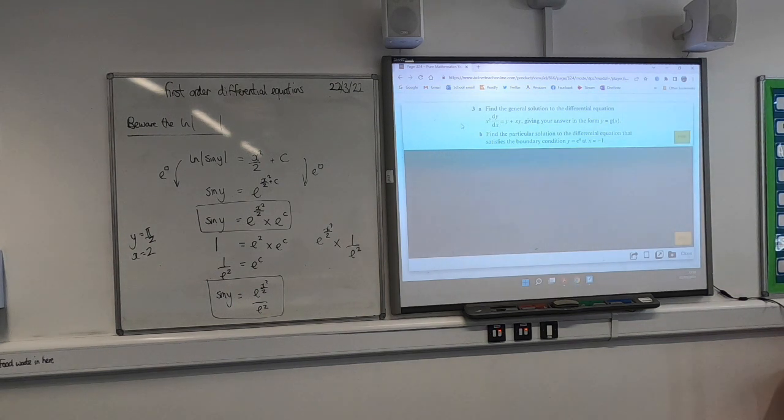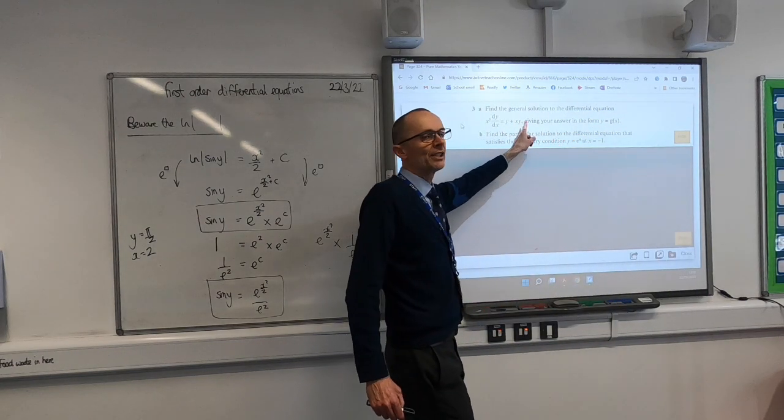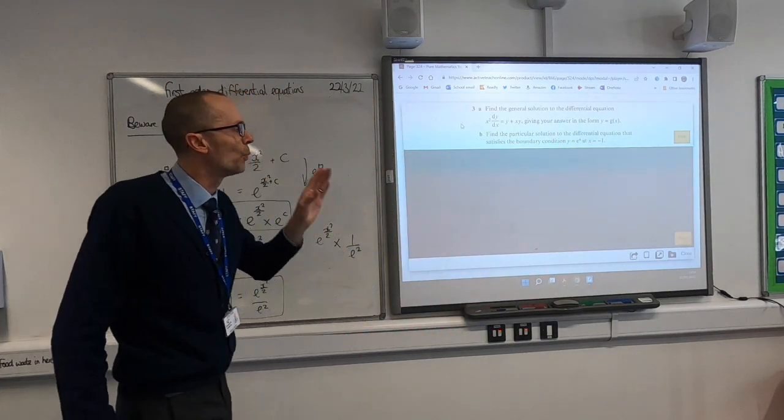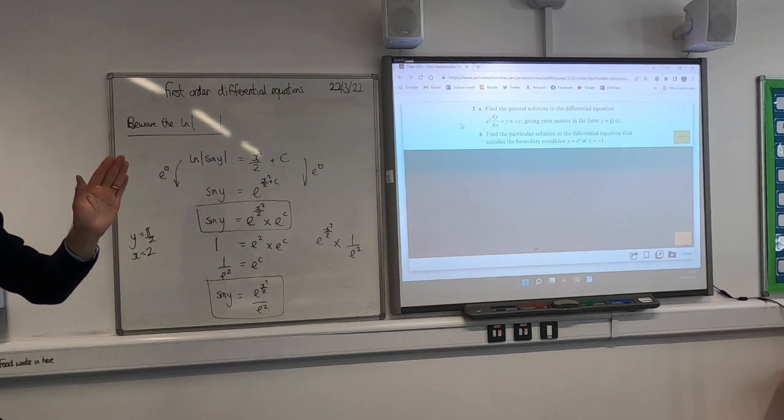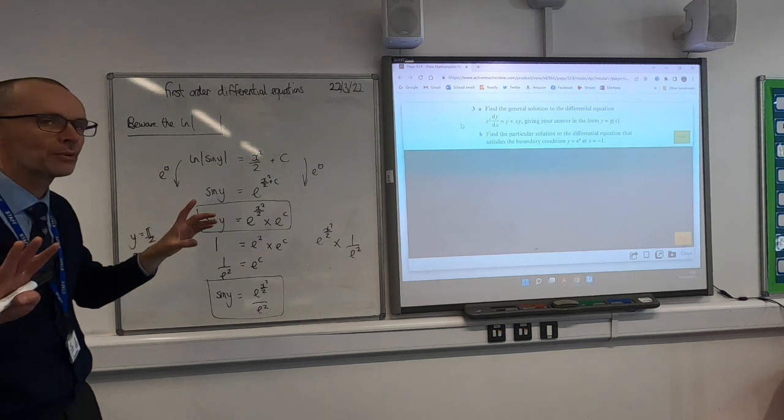And if you're looking in the book, they give you a little hint. Start by factorising the right-hand side, writing it as y, open brackets, 1 plus x, close brackets. And then see if you can separate the variables.